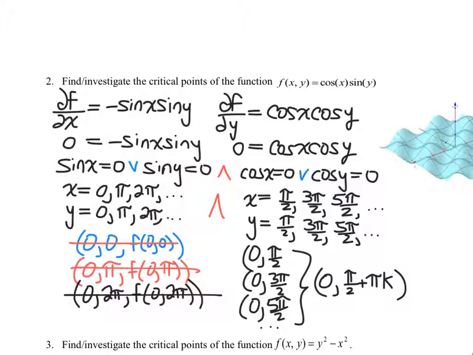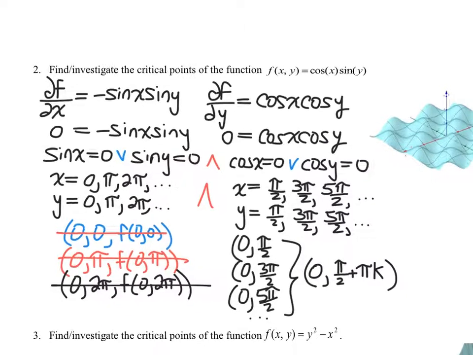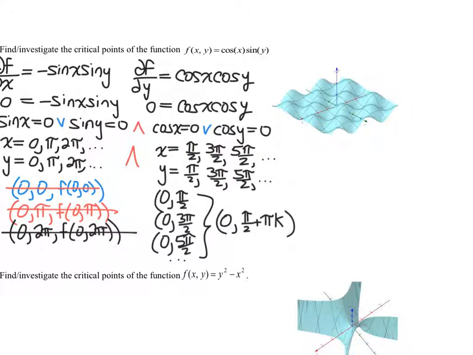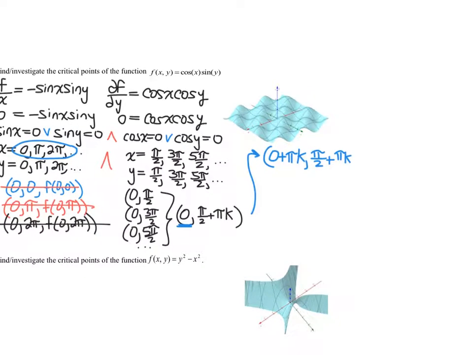Now, if we know that that's also going to work for the pi, 2 pi, and so on, then we could even extend it further. We can focus on this one and say it doesn't have to be just that. It could be any of these. So we would say 0 plus pi k, comma, pi over 2 plus pi k. And then the z's associated with all of those.